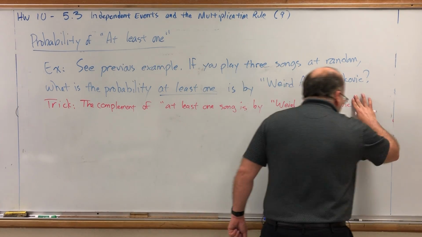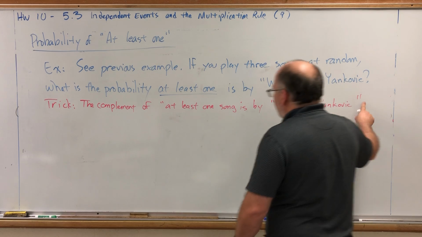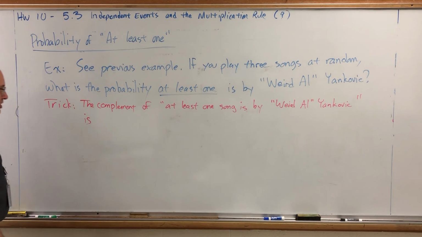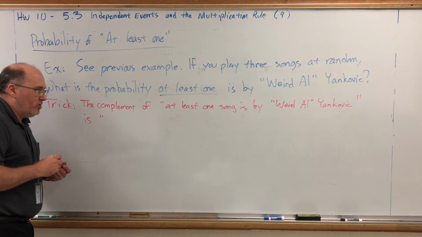That should be a closed quotation mark to close that one, and the verb is to answer the question. The complement of at least one song is by Weird Al.